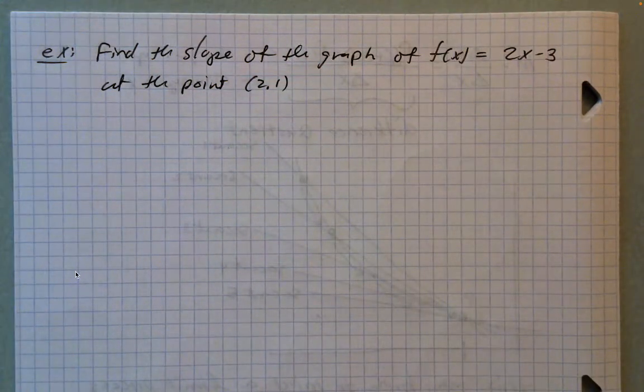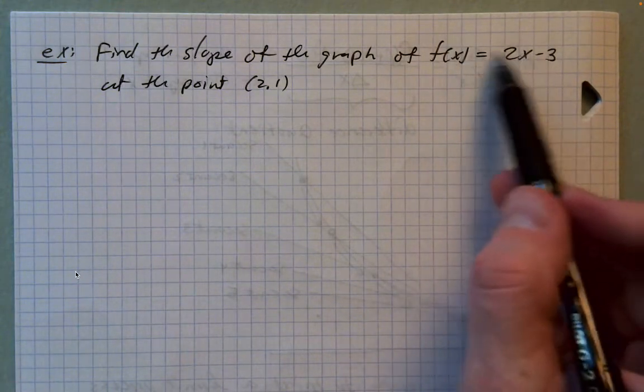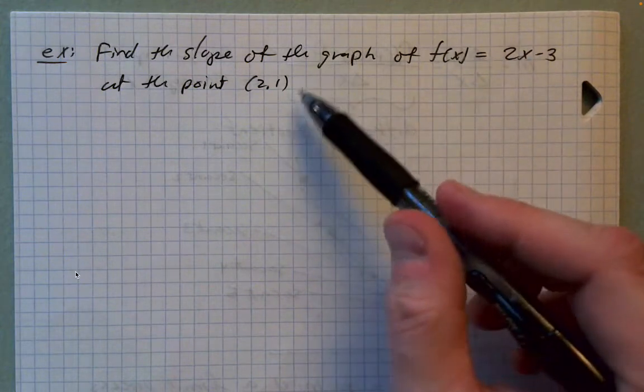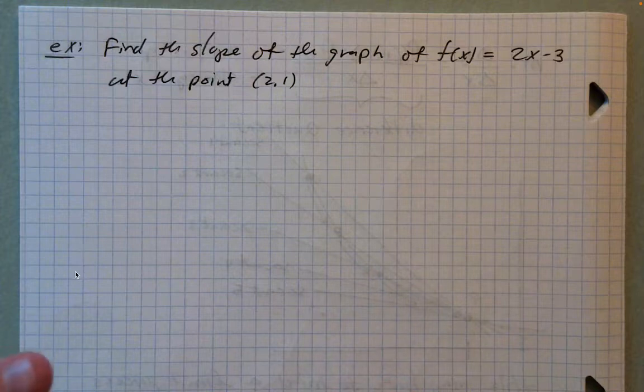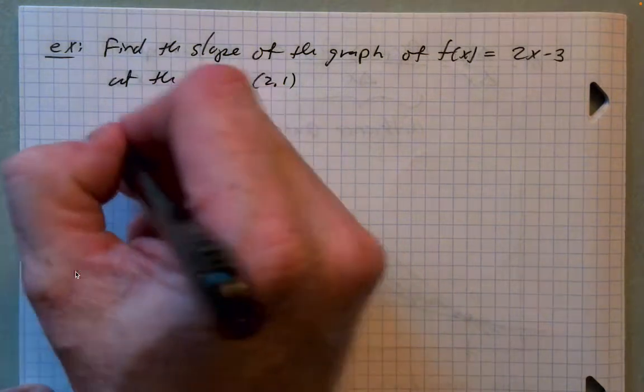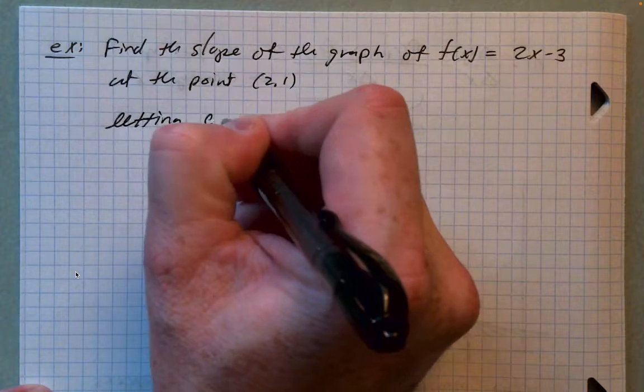This is an obvious one, right? We don't need to do anything fancy here to see that the slope is 2. This is a linear function, so this is already a straight line. But let's start with this simple example just to see how it works, and then we can take more interesting examples. We'll do a more interesting example immediately following this. Following the definition that we just talked about, let's let c equal 2.